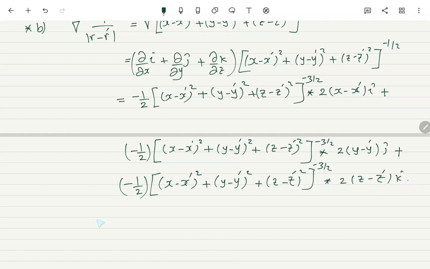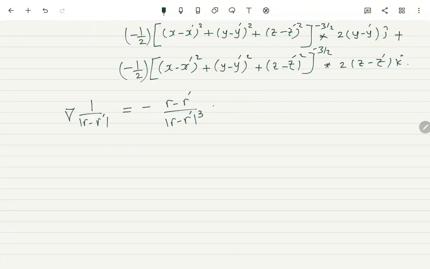Upon simplifying this, gradient of 1 over the magnitude of r − r′ is equal to minus (r − r′) over the magnitude of r − r′ to the power 3. Again, this is a very important result. It's used very often in electrodynamics.